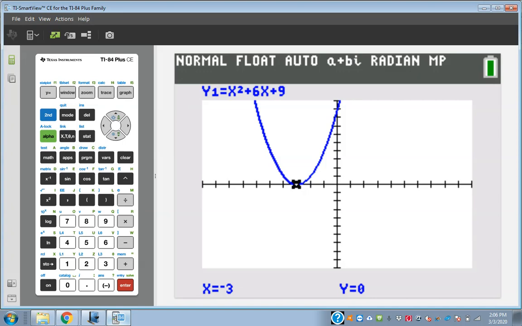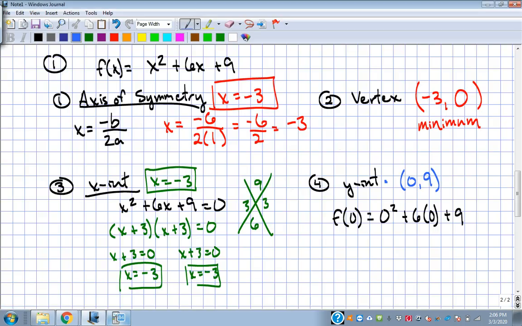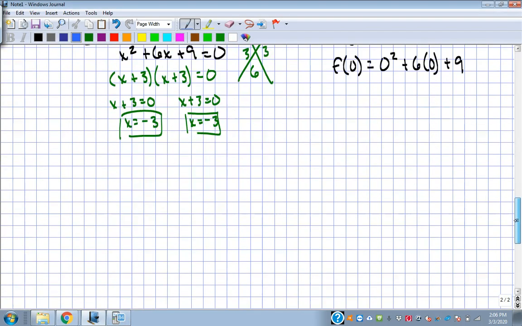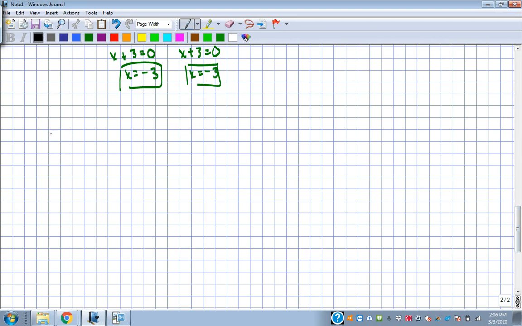And then the last thing that we're going to do is a table. This is where the calculator really helps out. The last thing we're doing manually is the table. On the table, x on the left, y on the right, we're going to put the vertex in the center of that table. So I'm just going to put the vertex at -3, 0.